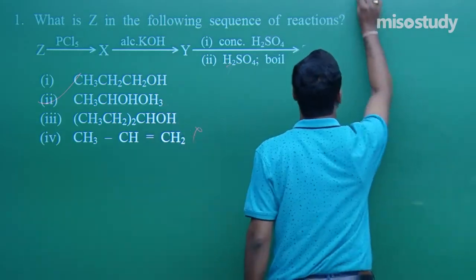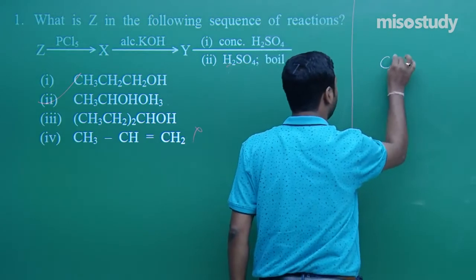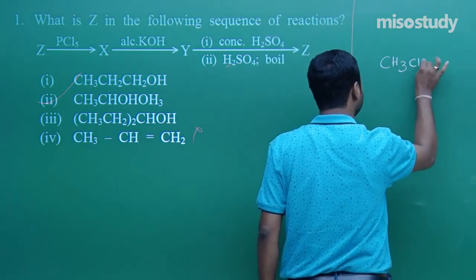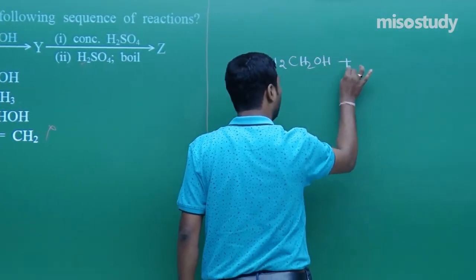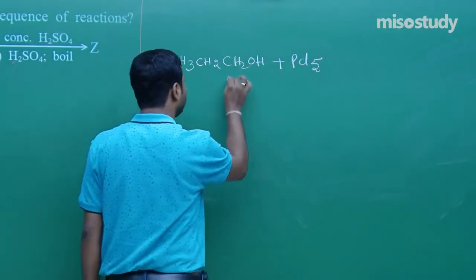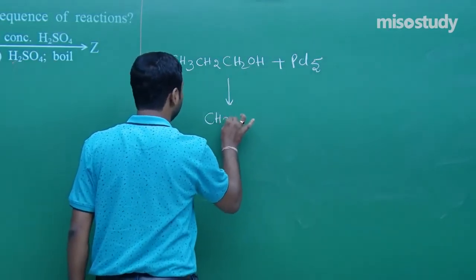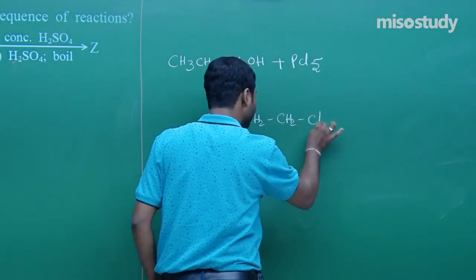Why not option one? If I write CH3 CH2 CH2OH, then on treatment with PCl5, it gives you CH3 CH2 CH2 Cl.